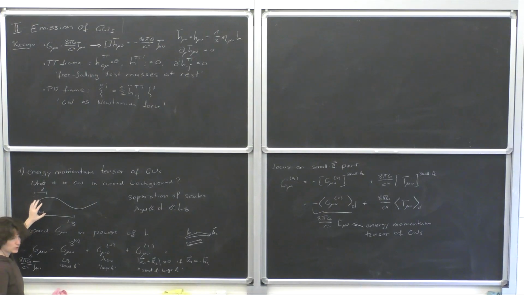In some way, you're doing effective field theory here. You're integrating out the short scale modes, just looking at the long scale modes, and the scale at which you're integrating out is d. And your results better not be too sensitive to what you chose as the cutoff scale of your theory.